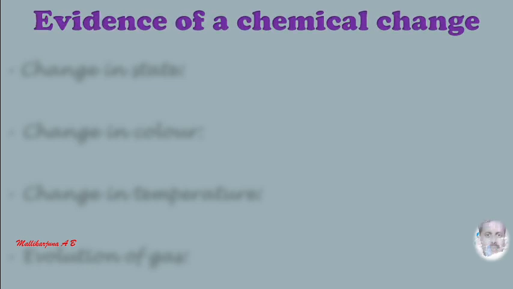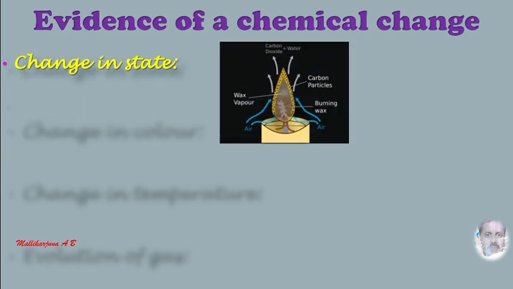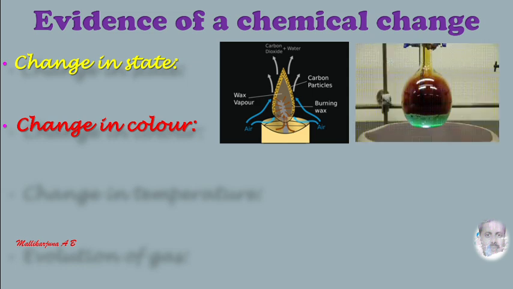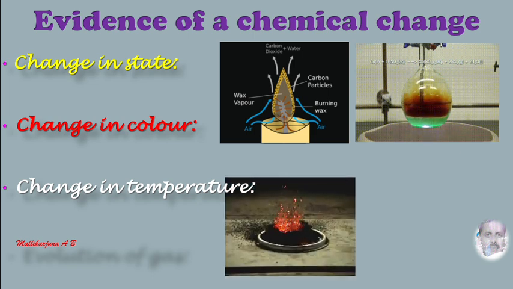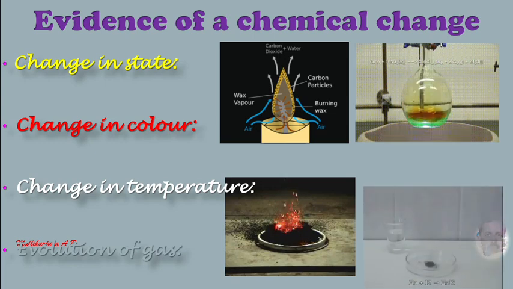Evidence of a chemical change: change in state, change in color, change in temperature, evolution of gas.